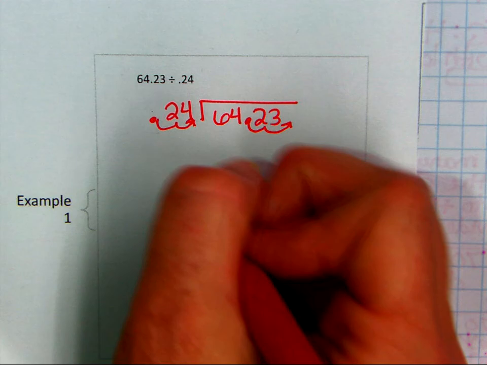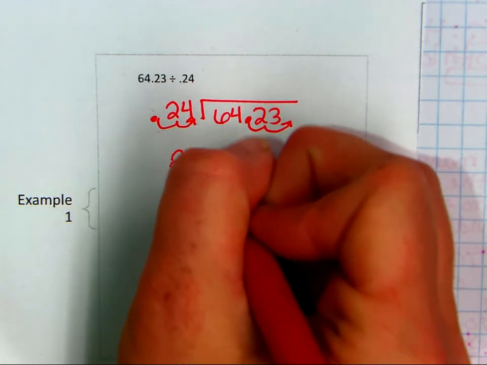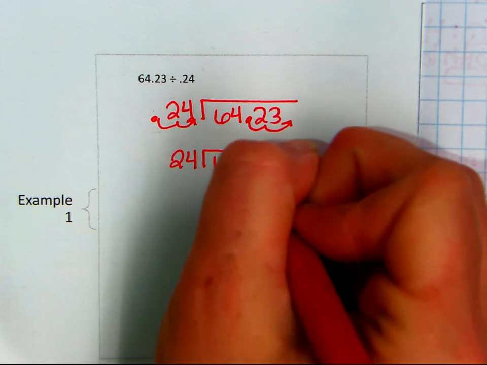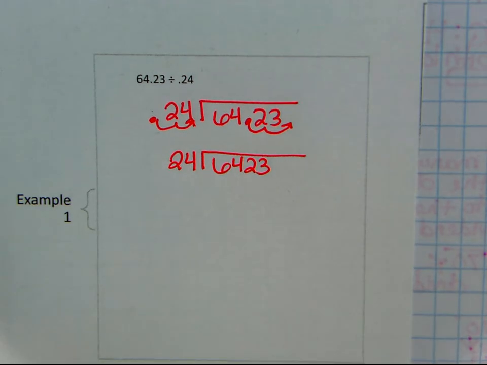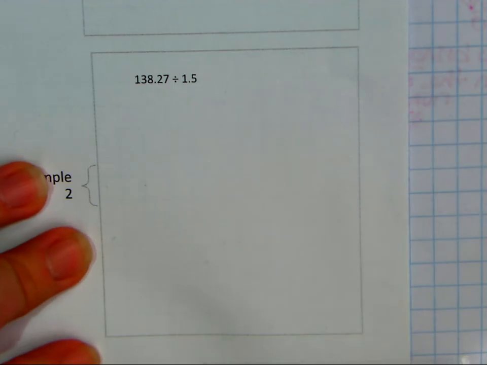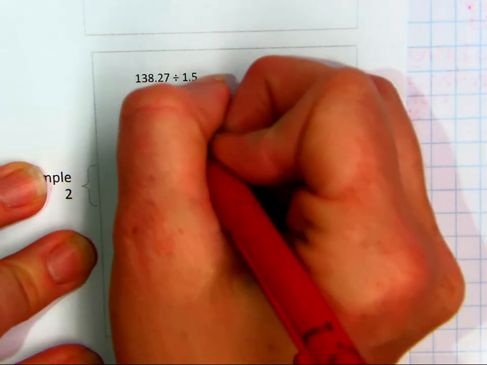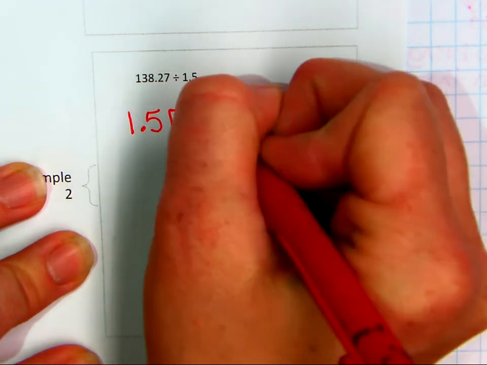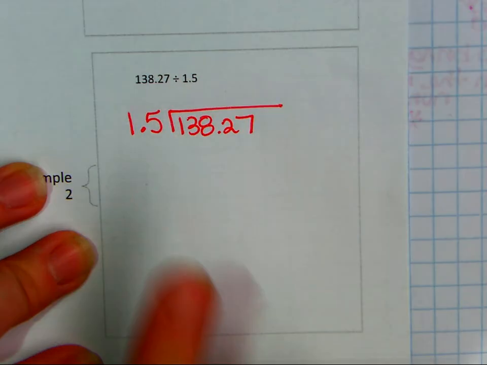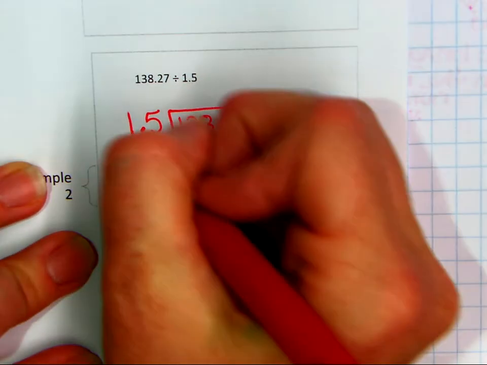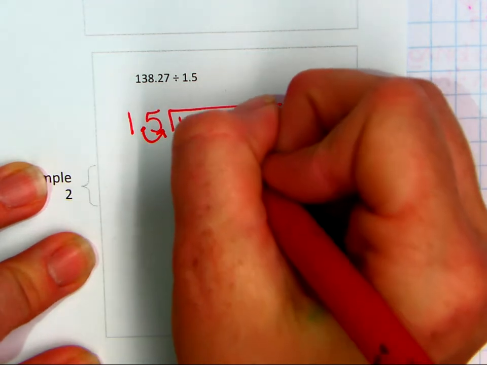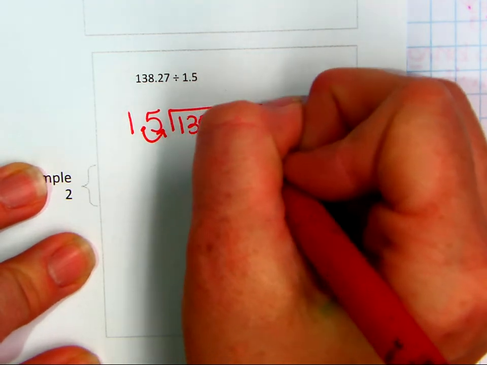Now, where this can be tricky is if you look at the next problem. The next problem has 1.5 as your divisor, and 138 and 27 hundredths. Notice that I'm only moving the decimal one time here, but I would still only move it one time here.